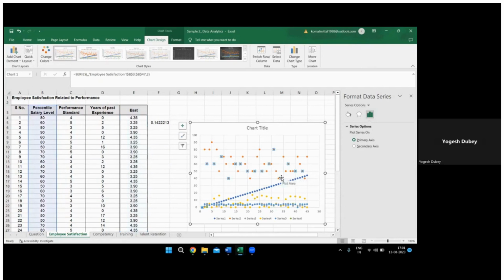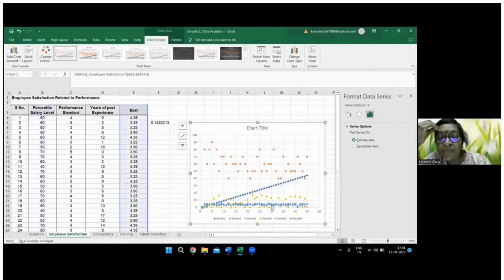That means the performance system is not linked with the employee perception. That means the performance of employees is not dependent on the ESAT score.